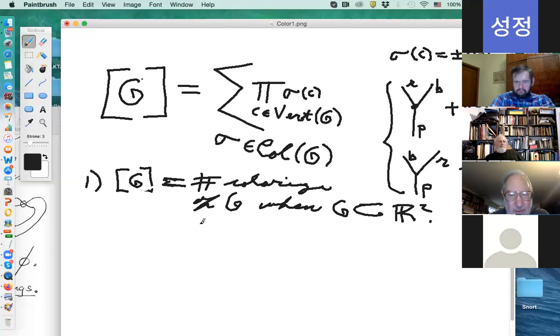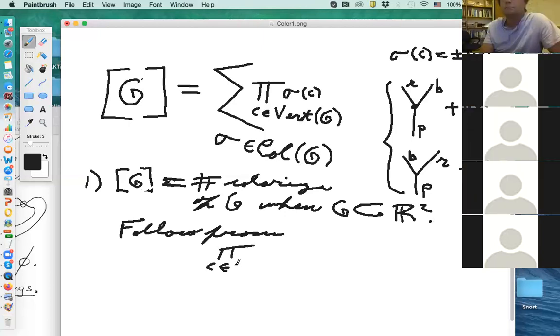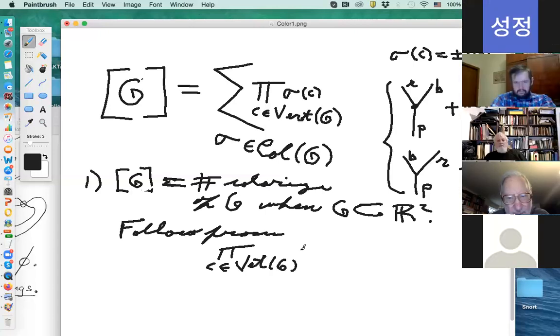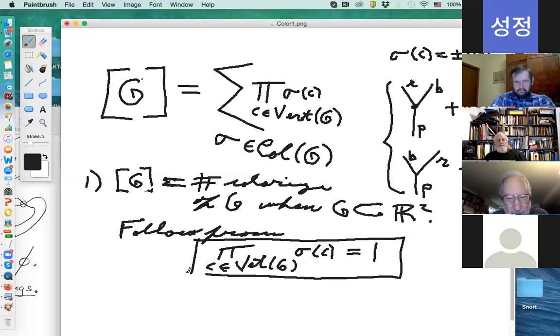So in other words, what am I claiming? This will follow from the fact that the product of the vertex weights is equal to 1. It certainly will follow from that. That's what I must prove for you, that this product of plus and minus square roots of -1 is equal to 1. We need an example to see this happening, and then I will show you a proof.